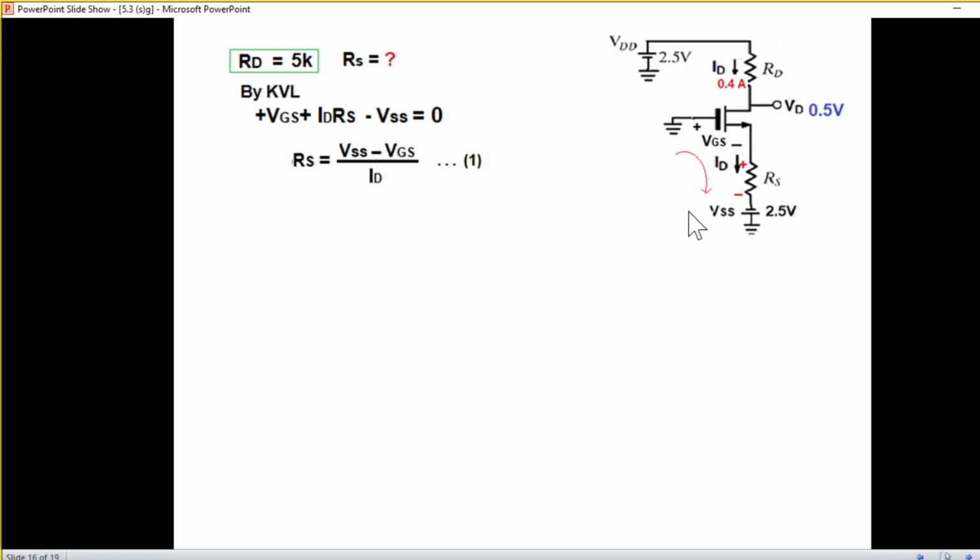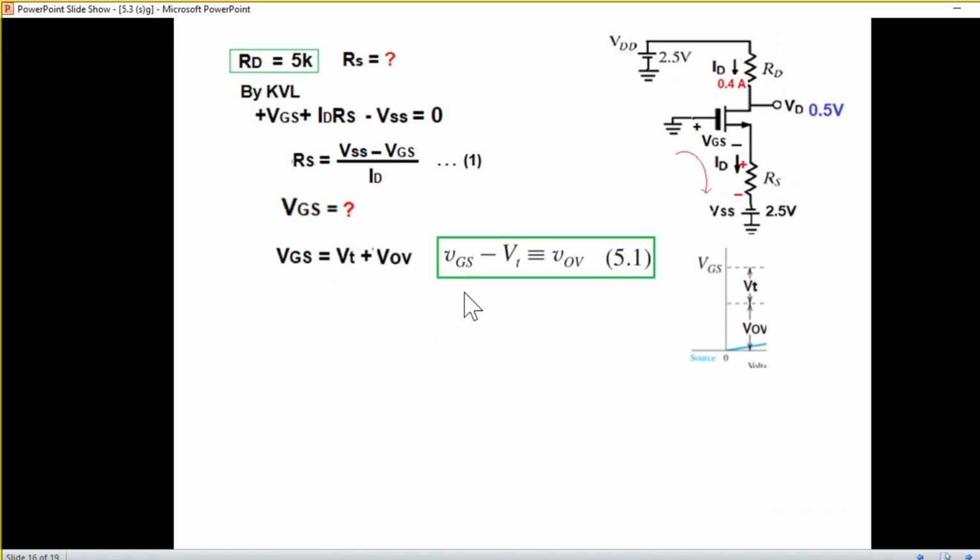Now VSS we know, ID is given, but we don't know VGS. So how much is VGS? Now we know this formula for VGS, that VGS is equal to threshold voltage plus the overdrive voltage. You've seen this earlier also.